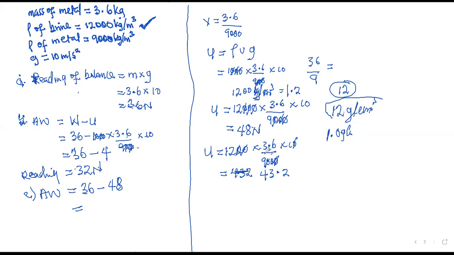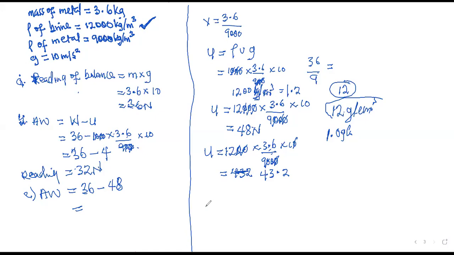Is that not the case? Yes. Sir, please, but I use 1,200, but I still got 4.8. 1,200 times the decimal form of the fraction times 10. Multiply 1,200 by 3.6 by 10, and then divide that by 9,000.